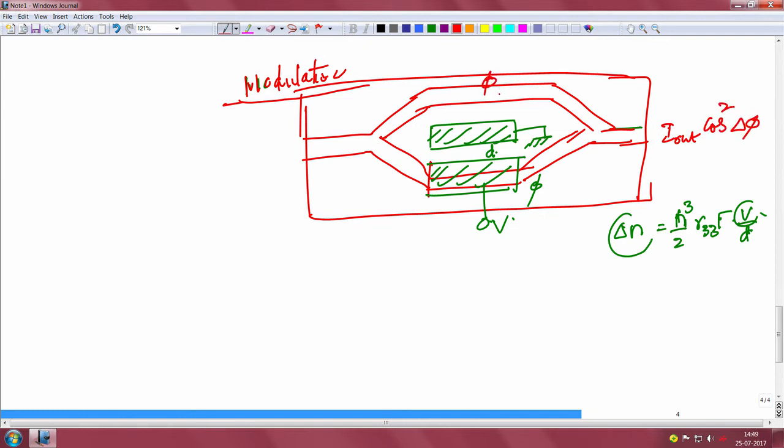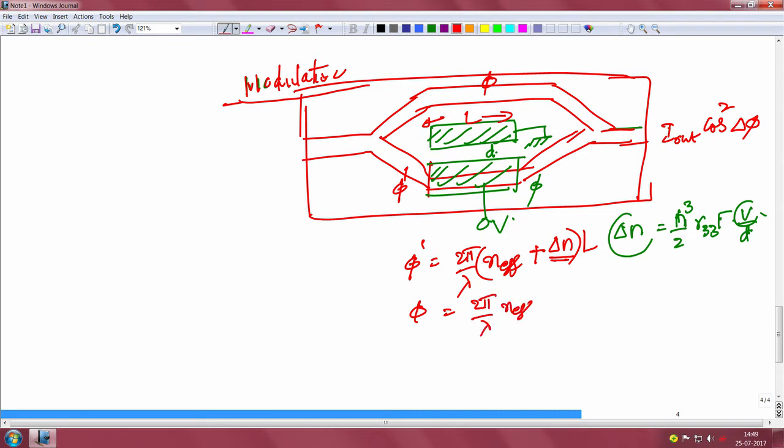If this is phi 0, phi, and this is phi dash, where phi dash is expressed as 2 pi by lambda into n effective plus delta n effective into the length of the electrode. So, this delta n is an additional factor for phi dash. For phi, you do not have any additional refractive index change, and you have a delta phi depending on delta n. So, this can act effectively as a phase modulator.